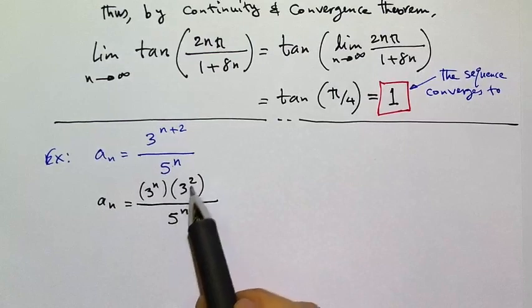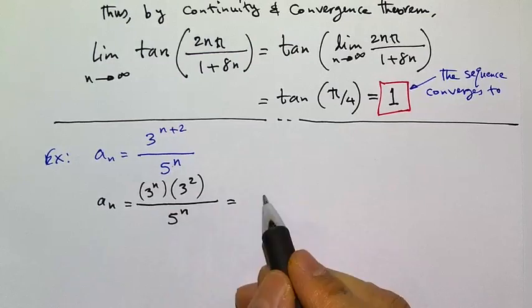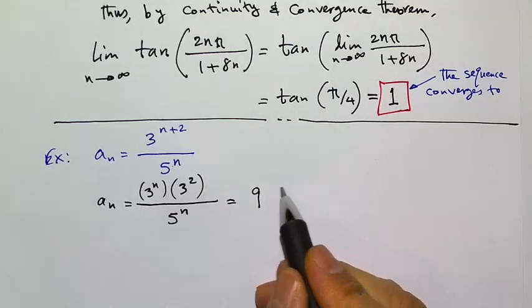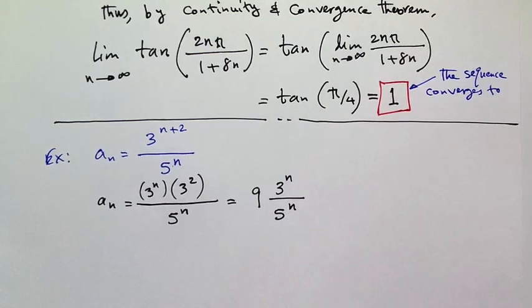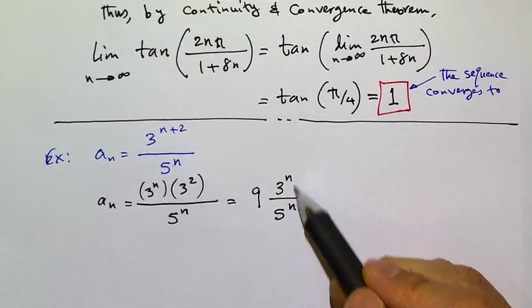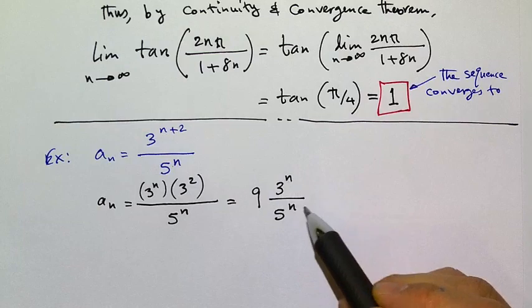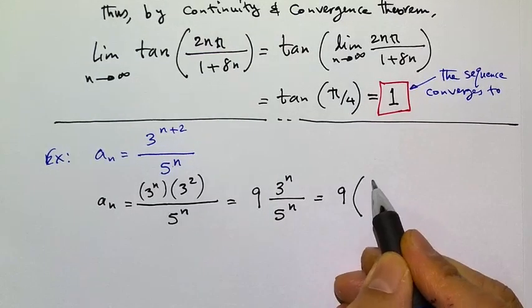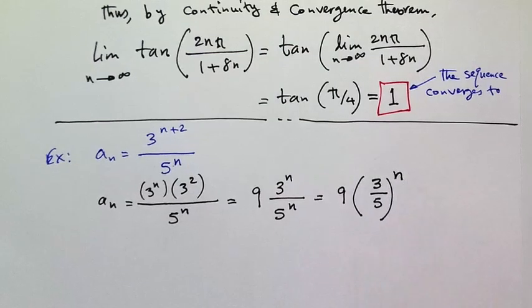Now this 3 squared is just 9, right? So we can write the sequence as being equal to 9 times 3 to n power divided by 5 to n power. Furthermore, we can put this 3 over 5 to n power on the outside. So we can write this as 9 times 3 over 5 to n power.